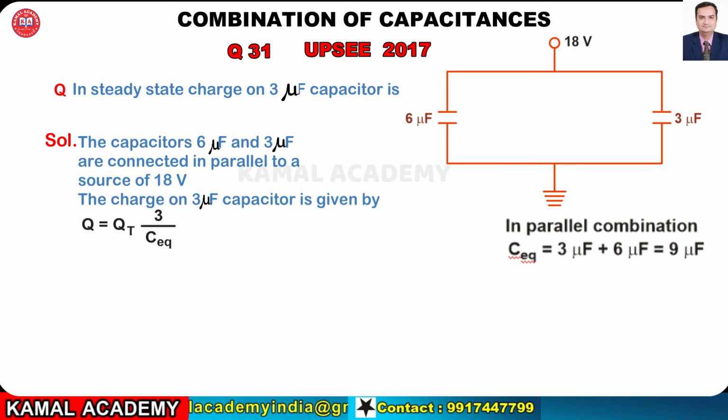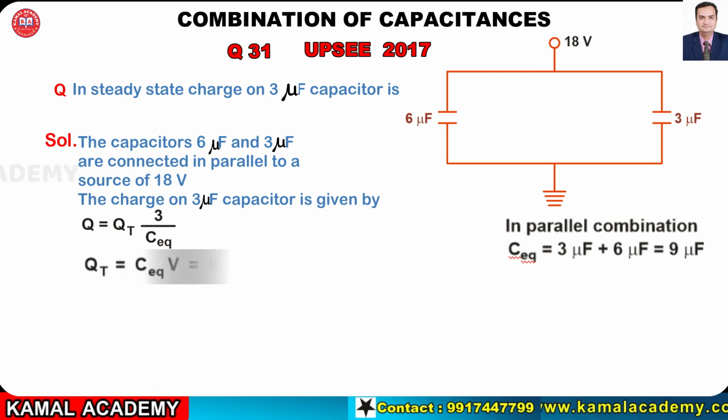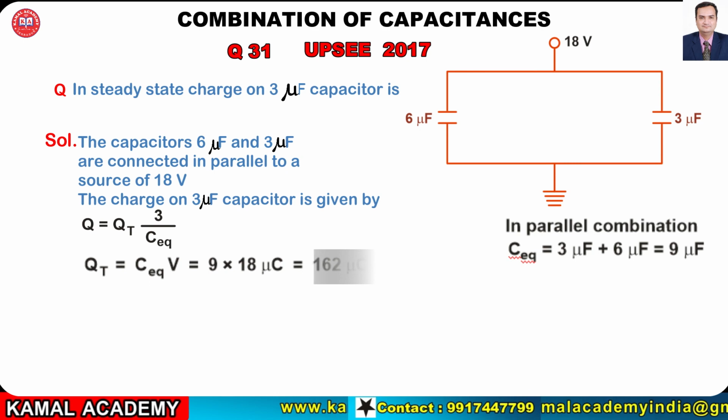Now the total charge is not known to us, so we can determine the total charge from the equation. Total charge is equal to equivalent capacitance multiplied by the potential. So equivalent capacitance is 9 multiplied by 18 volt, which is the potential. So we get 9 into 18, that is 162 microcoulomb charge.